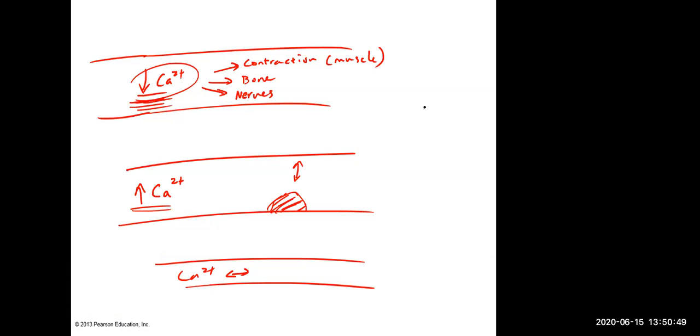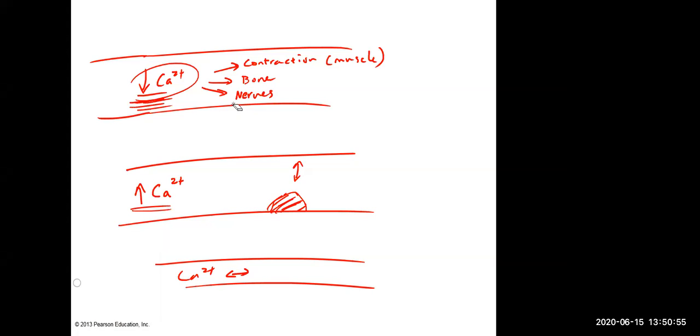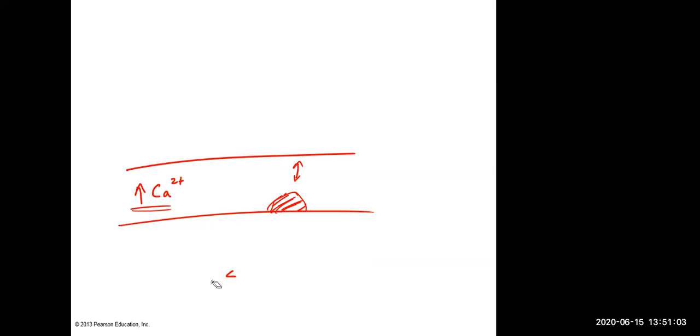All right. So let's go ahead and take a look at the first scenario. Calcium is too much. The whole thing is we need to lower it. That's what we know. Calcium has to be lower.